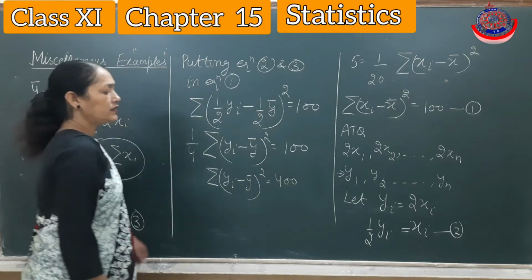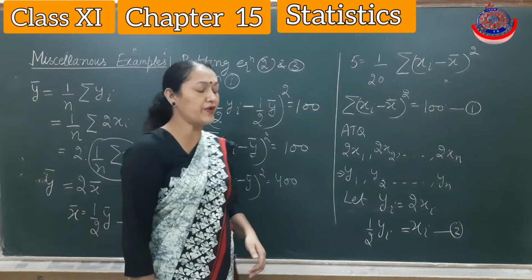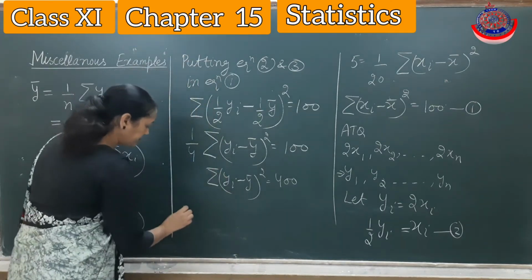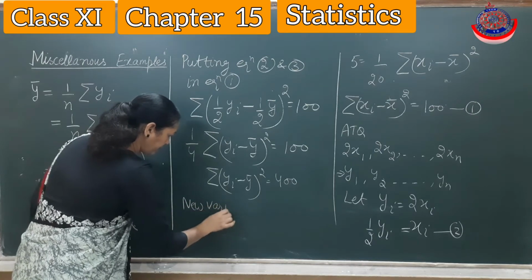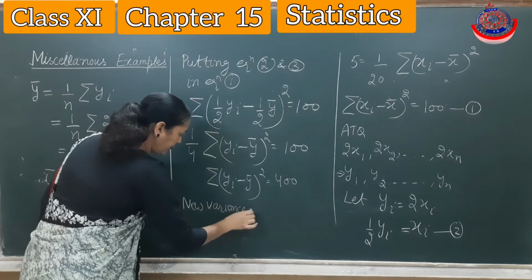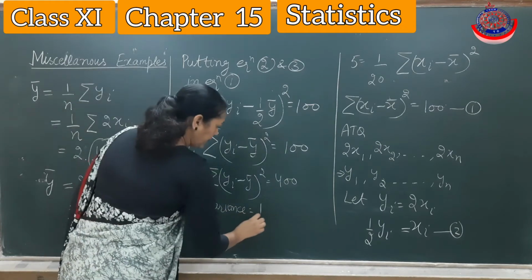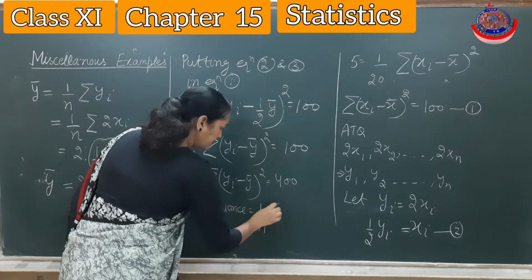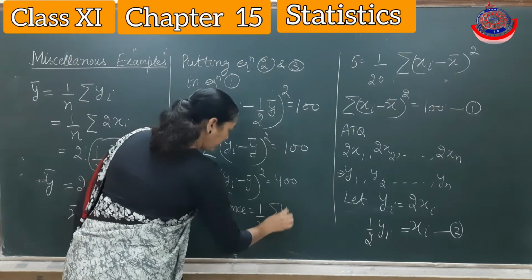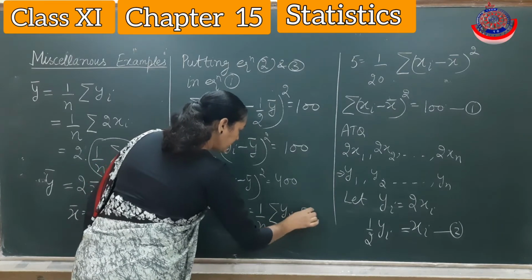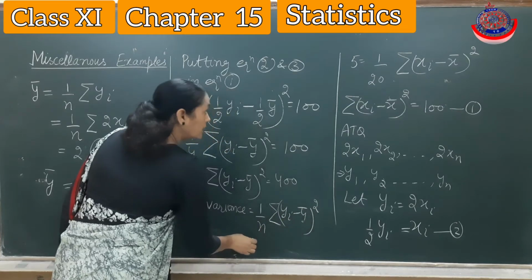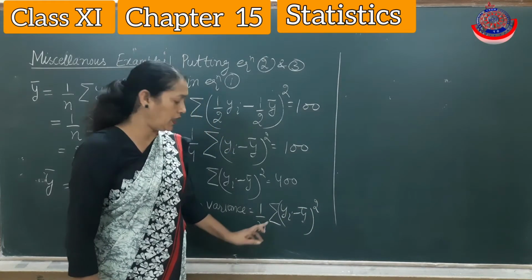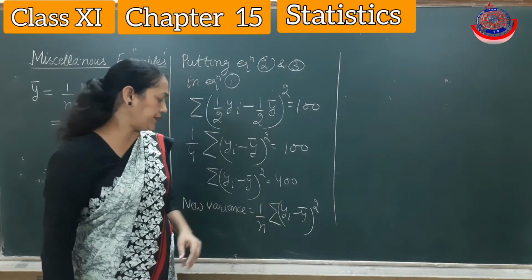Then the question asks about the new variance. New variance is 1 upon n sigma yi minus y bar whole square, which is 1 upon 20, and this value we have obtained as 400.